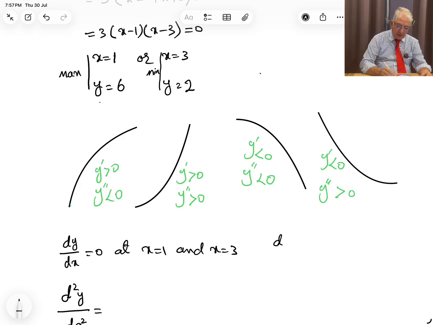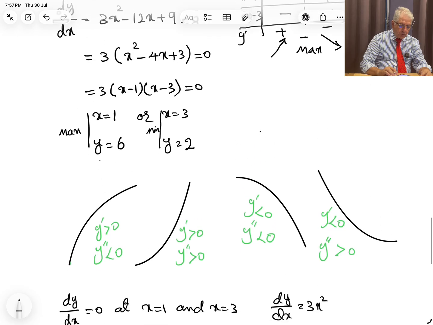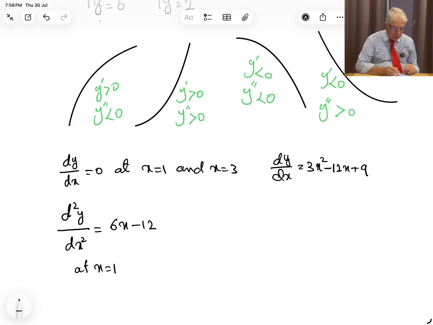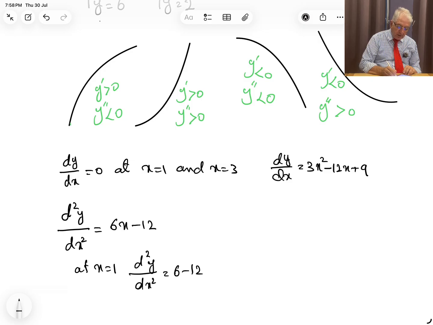Therefore, the derivative of this will be 6x minus 12. Now, at x equal to 1, d square y divided by dx square is equal to 6 minus 12, which is negative 6, which is less than 0.